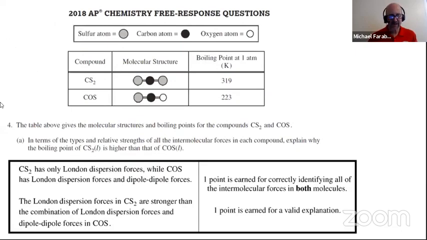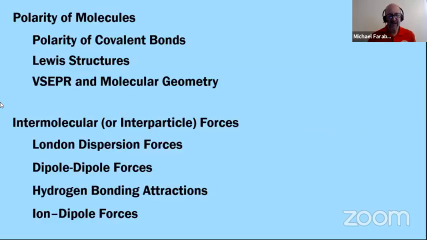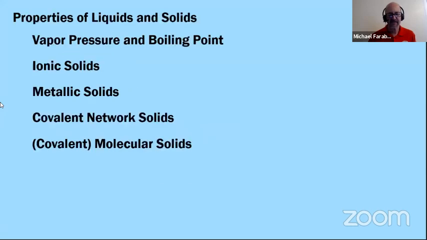The scoring guidelines talk about the fact that you mention the intermolecular forces in each molecule, and you say that the LDFs in CS2 are stronger than the combination of LDFs and dipole-dipole forces in COS because that's what the data tells us. All right, so today we talked about polarity, intermolecular forces, and properties of liquids and solids.